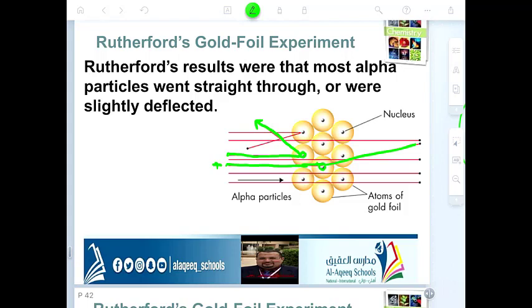It must be positive, you need to repel. And the majority are moving in a straight line like this. Look, it means here is empty space. Empty space in most of the atom.